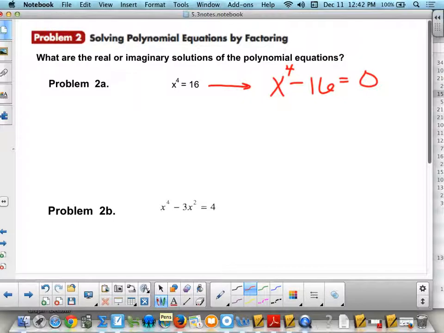Was there a GCF? No GCF. So if there's no GCF, what are you thinking? Well, no GCF. What's the next thing you should be thinking of?